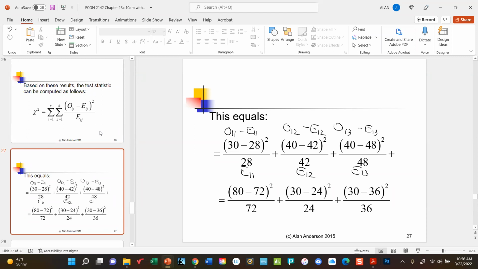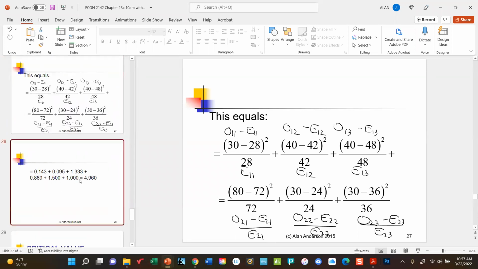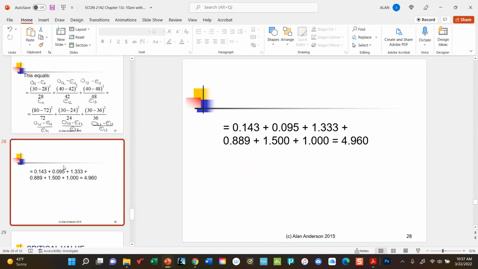Oh, don't you worry. In a minute, I'm going to show you how the calculator handles this. Okay. So then when you add them up, you get your test statistic, which is about 4.96. Again, not very large for the chi-square distribution.